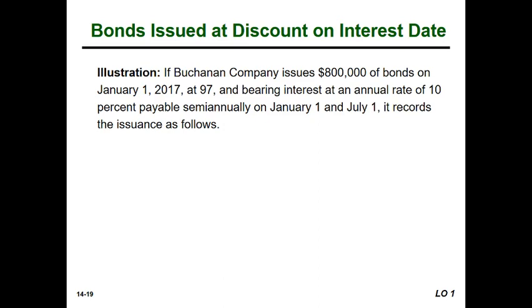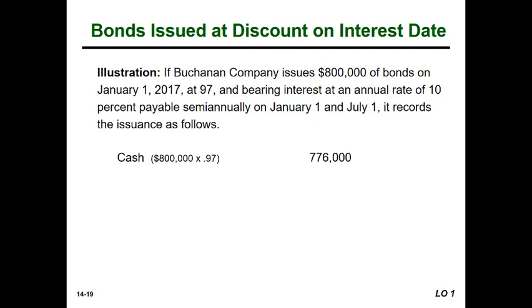So they issued 800,000 of bonds on January 1st, 2017 at 97%, bearing interest at an annual rate of 10% payable semi-annually. Everything else about these bonds is the same, just changed in regards to the stated or coupon rate to market rate.